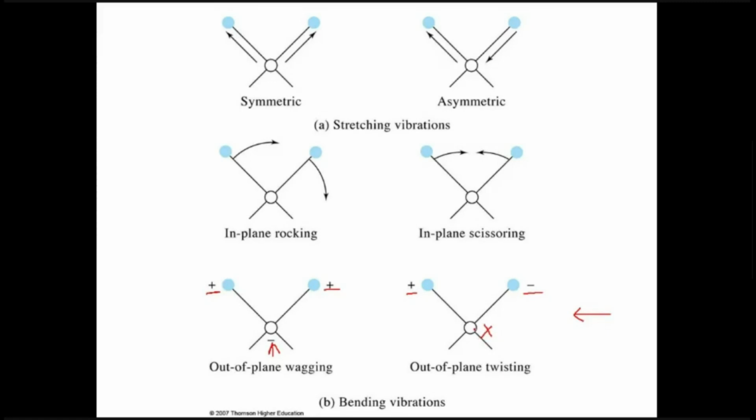It means this atom remains on the plane of the paper or screen all the time, while one atom is coming out of the plane, the other is going behind the plane. This type of movement is like twisting, so it is called out of plane twisting. It is also a type of bending vibration.